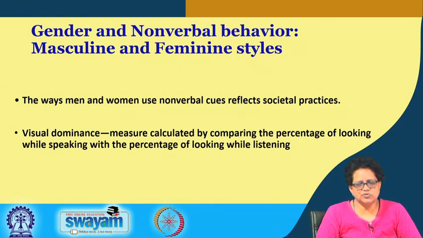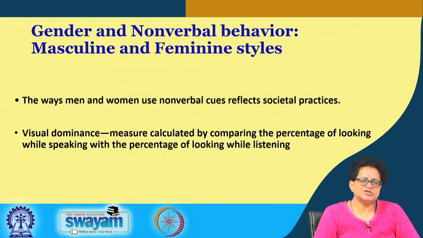Then the next is visual dominance. It is defined as a measure calculated by comparing the percentage of looking while speaking with the percent of looking while listening. Now, the idea is that when two people are having a face to face conversation, men will be looking more, whereas women will be looking less while speaking.